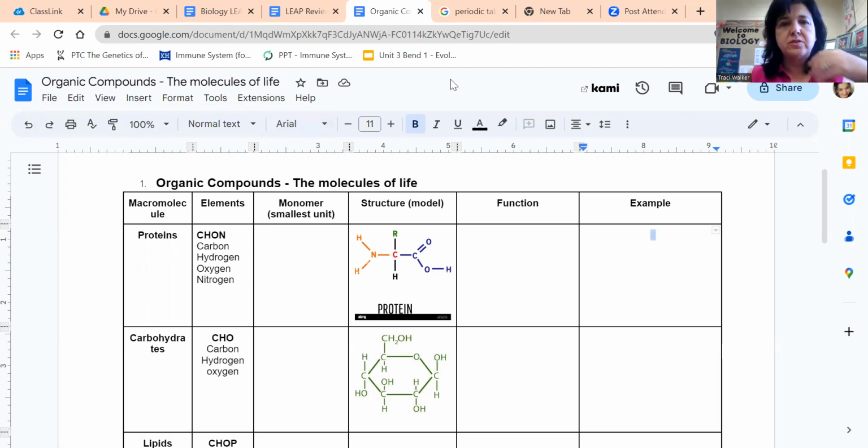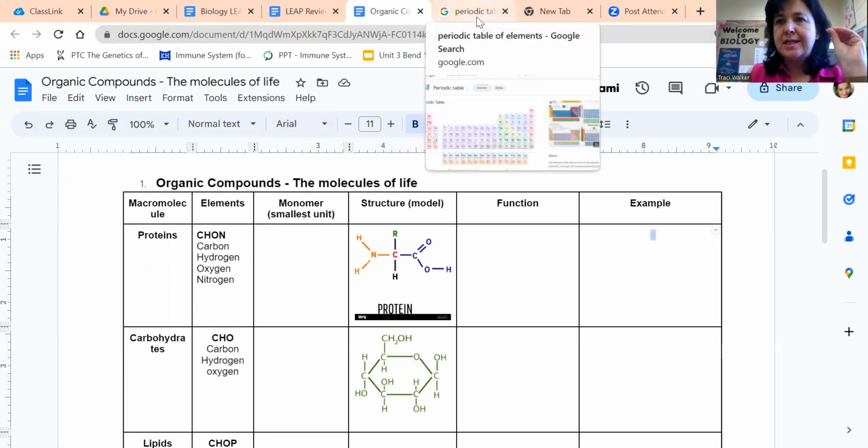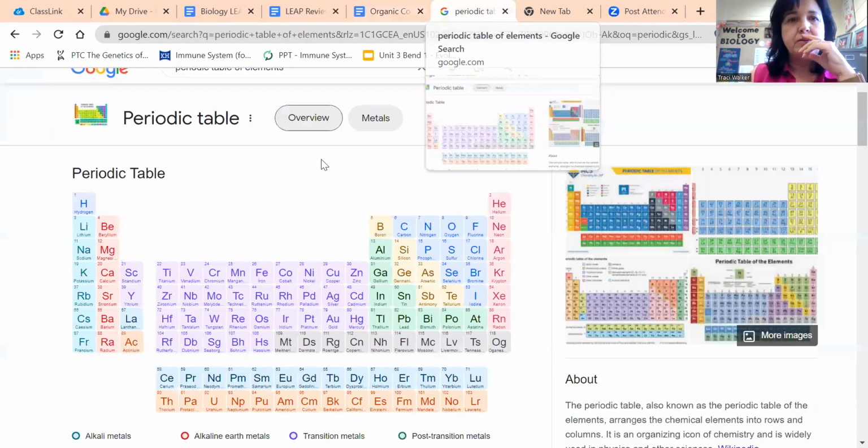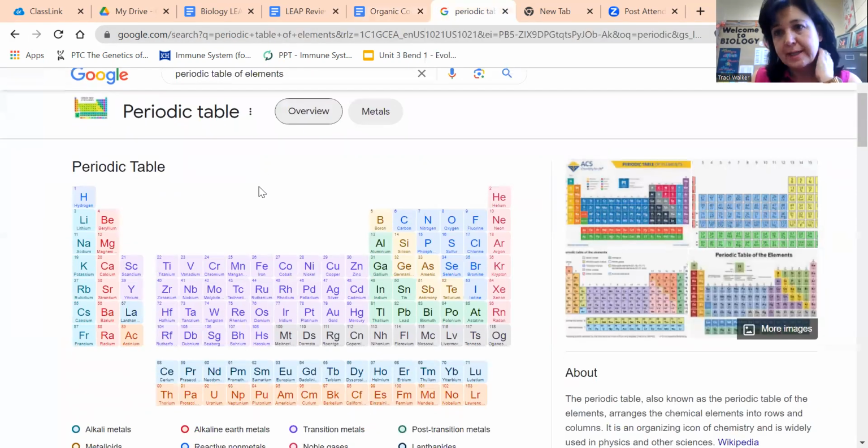Okay, so to start off, just to connect in your mind what we're talking about, you've probably seen this periodic table. The periodic table is an organized list of all the different elements that we know exist.